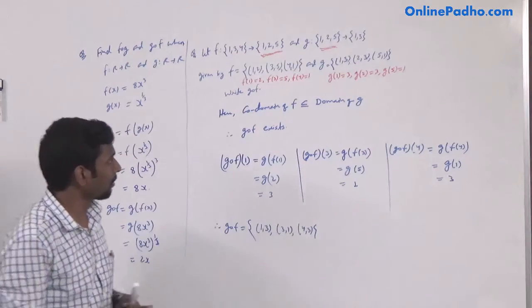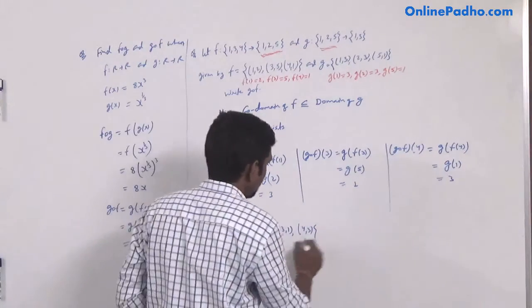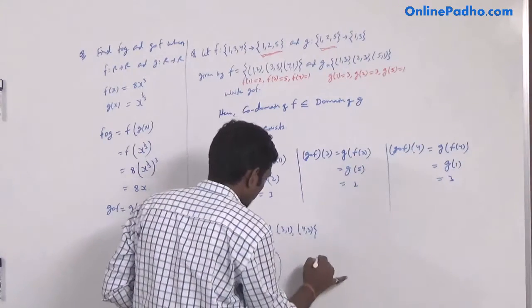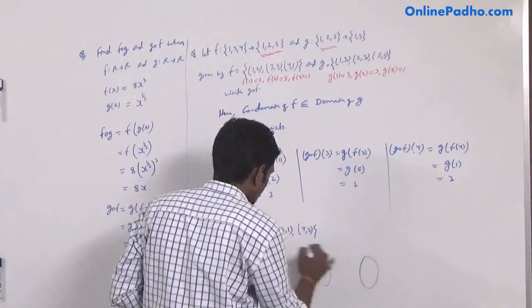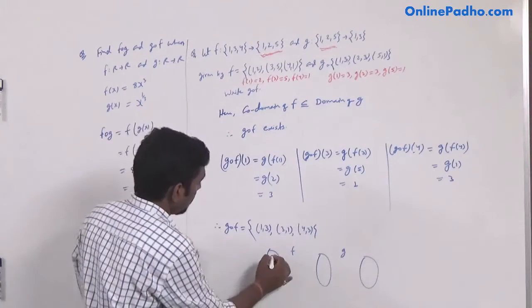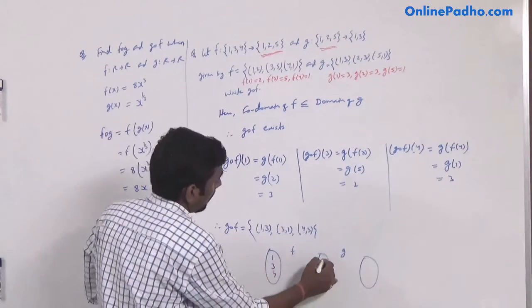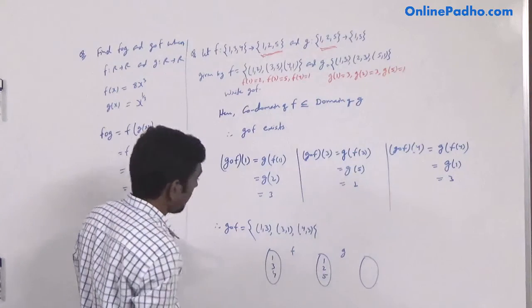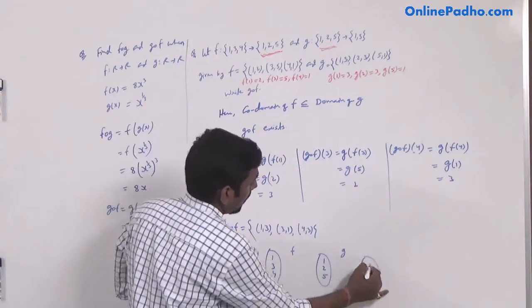According to mapping, we can also solve this question. We consider f from {1, 3, 4} to {1, 2, 5} and g from {1, 2, 5} to {1, 3}.